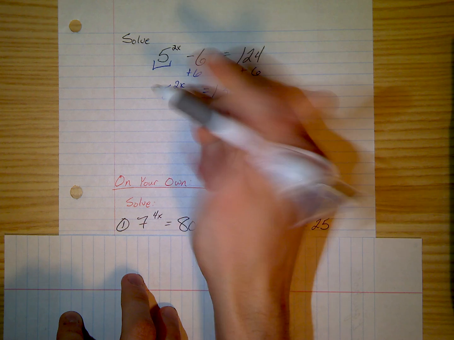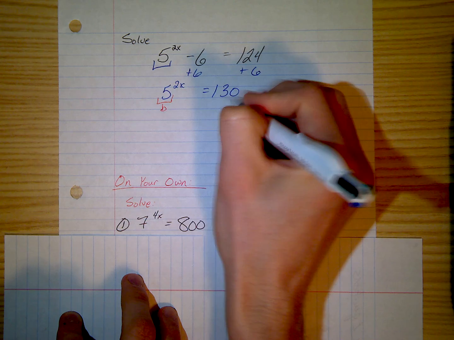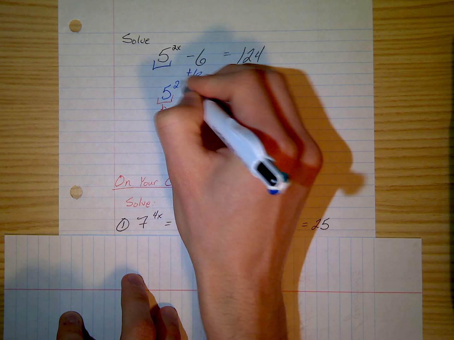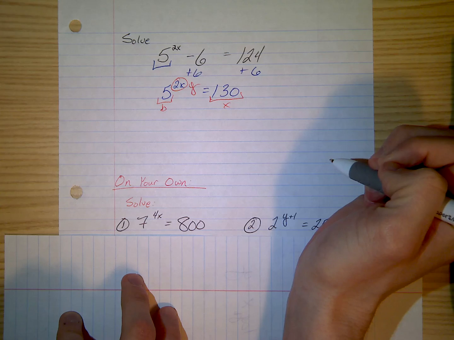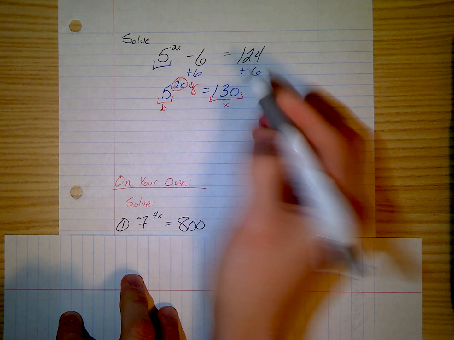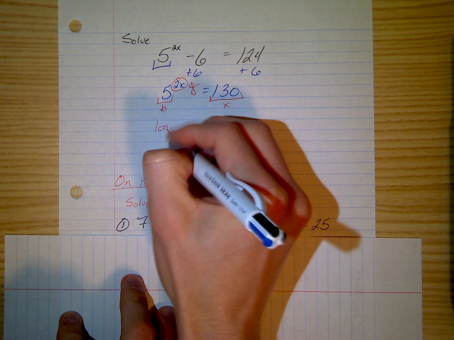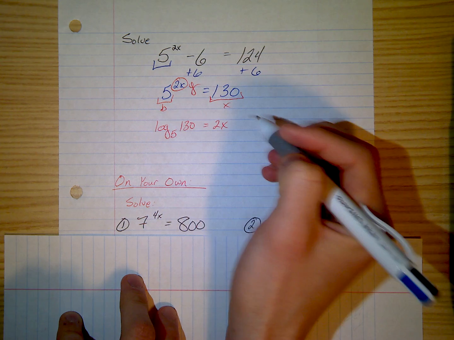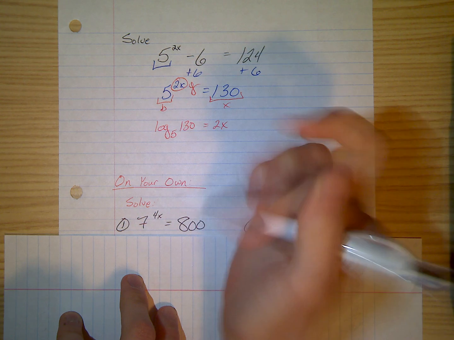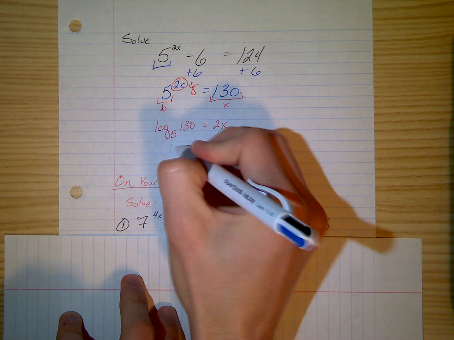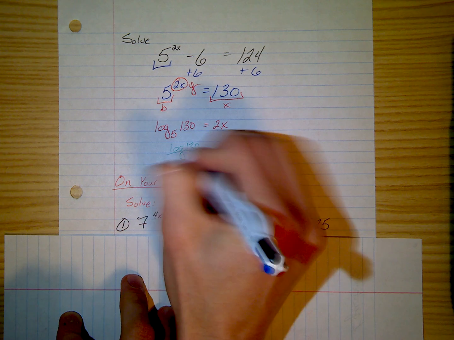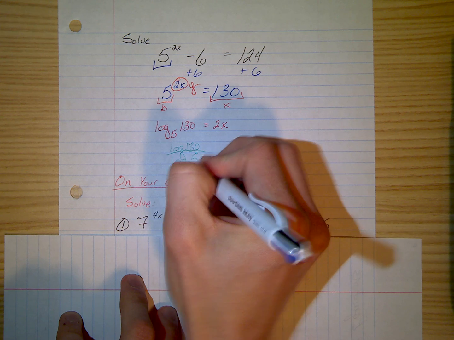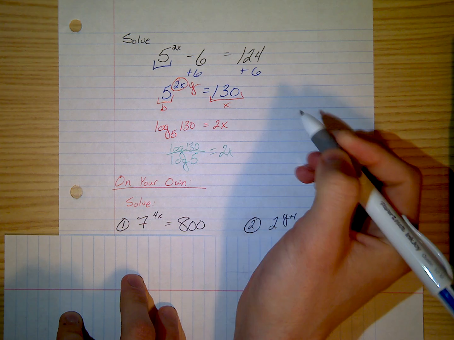Now that we have this, we can identify that this is our base, this is our x, and our exponent is our y. So rewriting this in logarithmic form, we have log base 5 of 130 is equal to 2x. When we rewrite this changing the base, we have the log of 130 divided by the log of 5 still equals 2x.